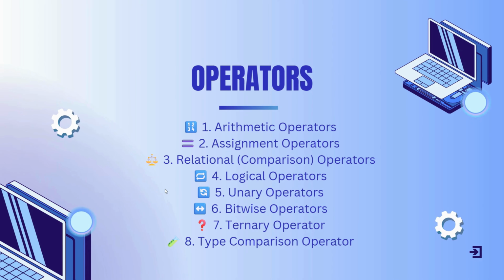The first one, arithmetic operator, is where we are doing calculations like addition, subtraction, division, multiplication. These are the things that we mostly use in arithmetic. Also we use modulo operations. Assignment is where we are assigning a value, as I already mentioned, variable initialization. These types of things are assignment operators.